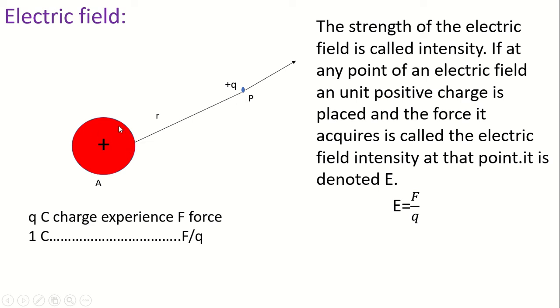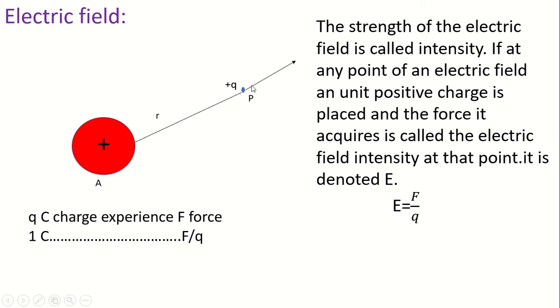But if the field creating charge is negative, then what would happen? Then also this plus Q charge will experience a force, but the direction of that force will be in this direction. Okay, isn't it?